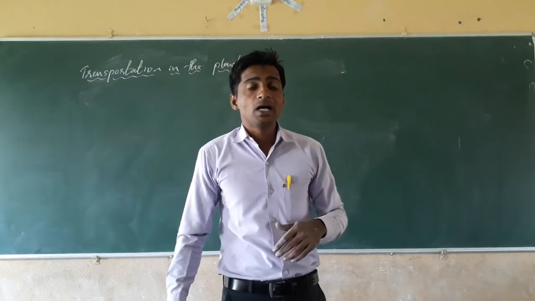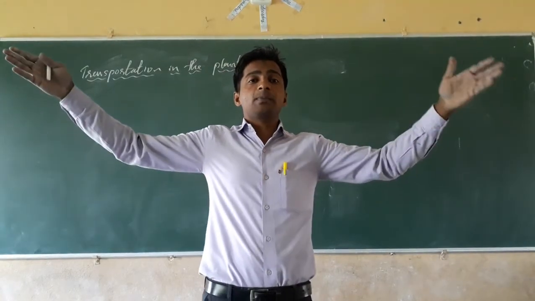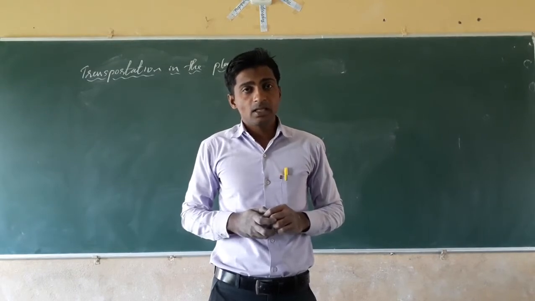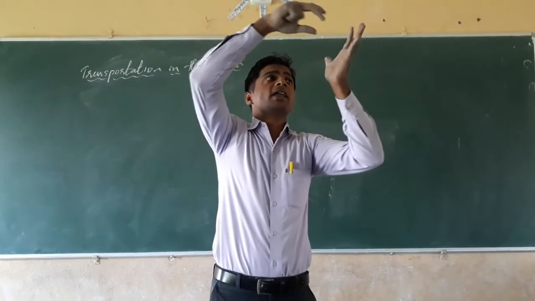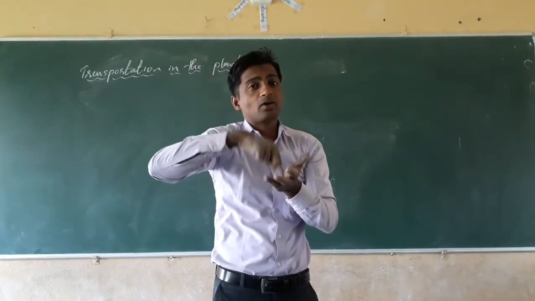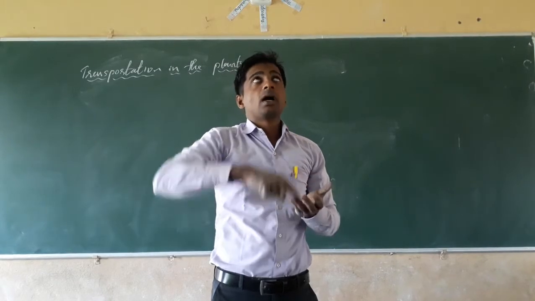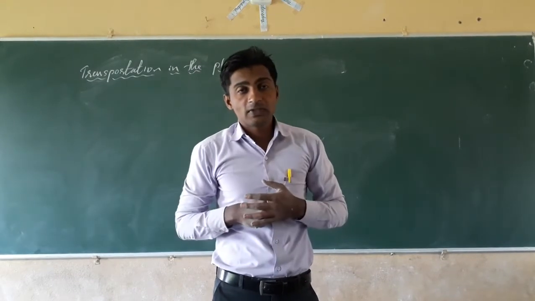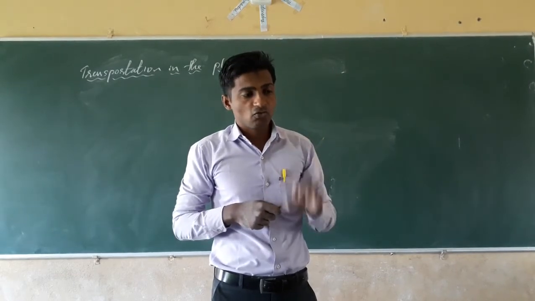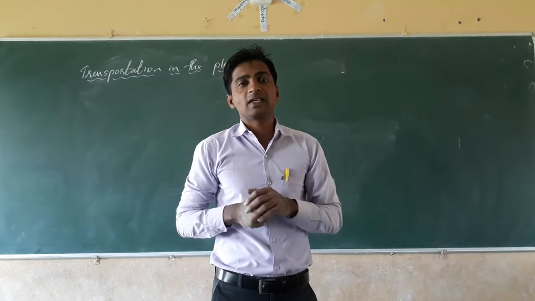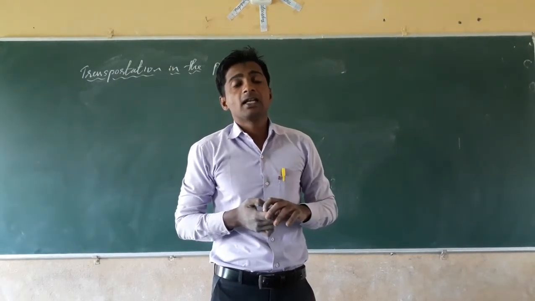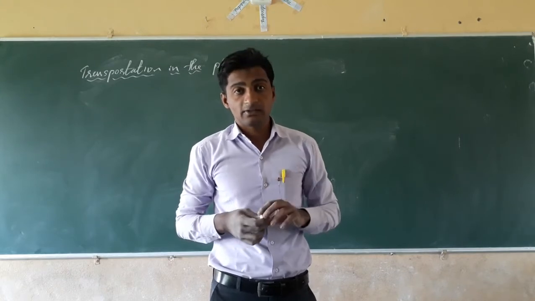The food is prepared with the help of a green pigment called chlorophyll, with sunlight, carbon dioxide from the atmosphere, and water from the ground. By taking these three raw materials, food is prepared in the leaf. That's why leaves are called the kitchen of the plants.